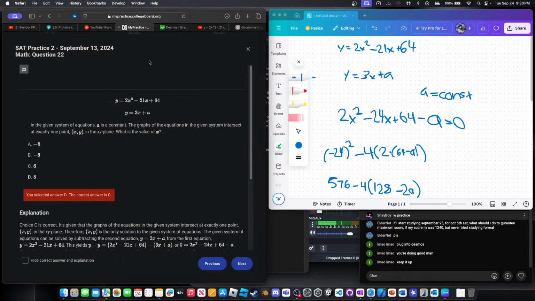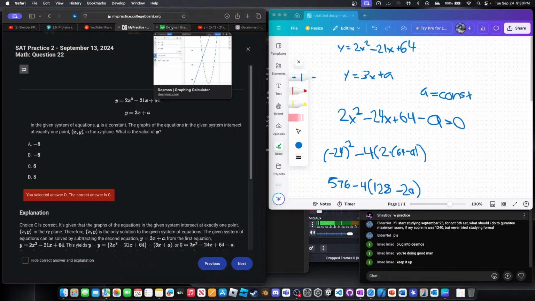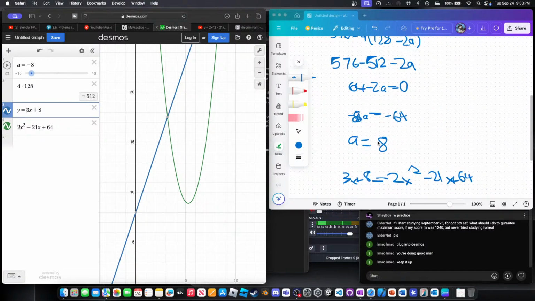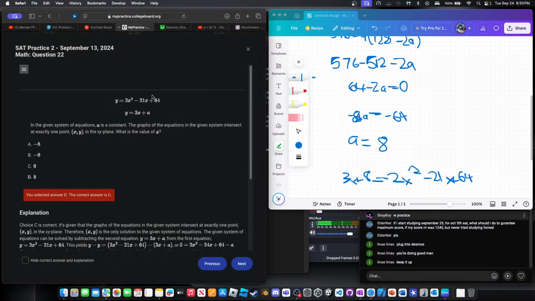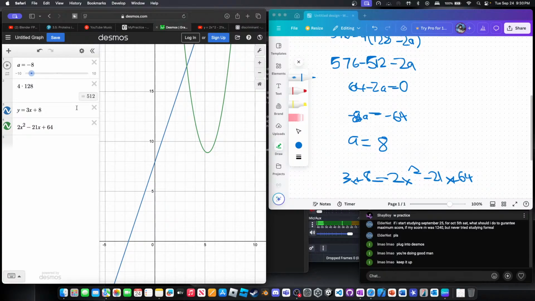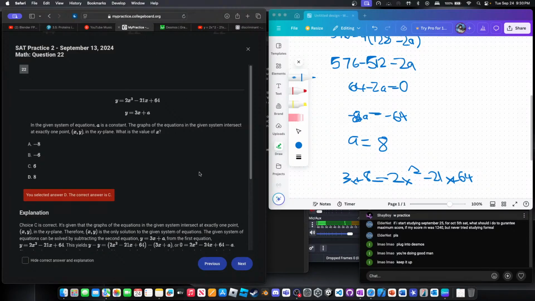No. Plug it in Desmos. I just did, and it's tripping out right now. I did get 8 is equal to 8. I plug that in here. 3x plus 8. It's so odd. That is so odd.